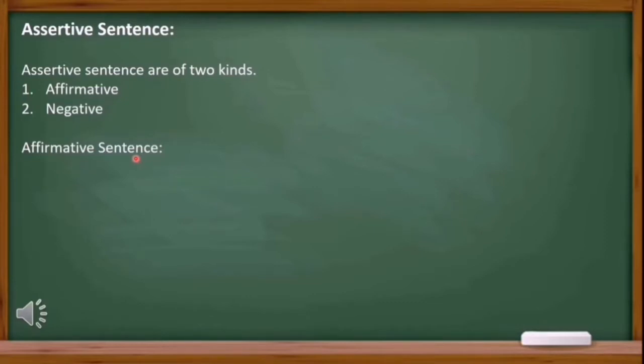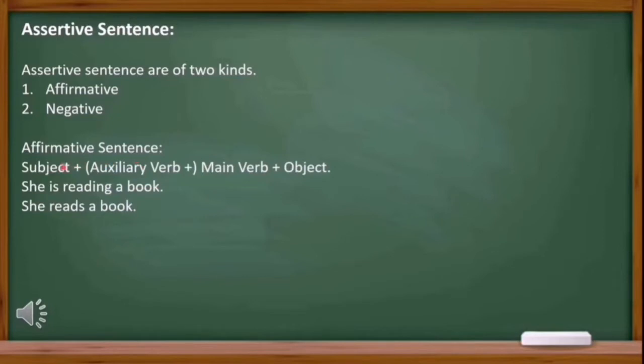In affirmative sentence, let's see the structure. Subject plus helping verb or auxiliary verb, main verb, then object. For example, I will show you that the auxiliary verb may not always come in an example directly. Only the main verb also could be there.